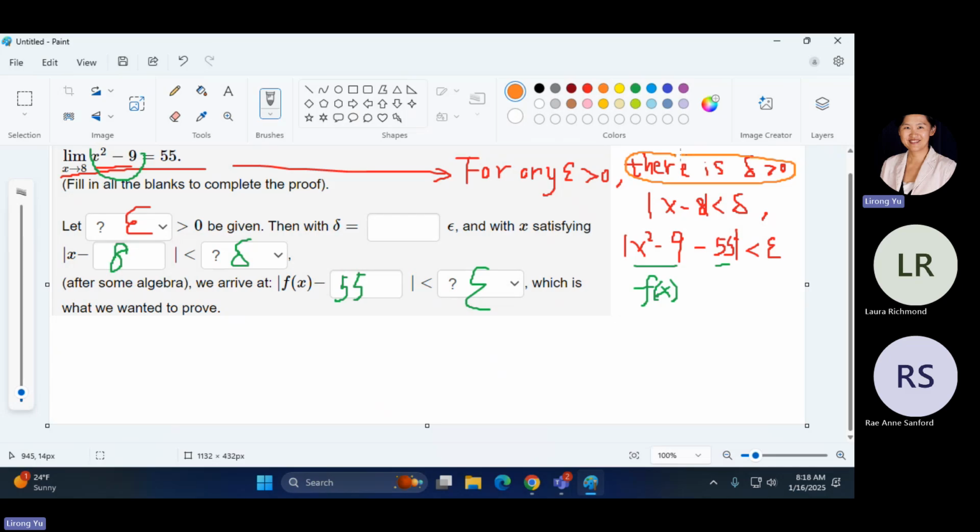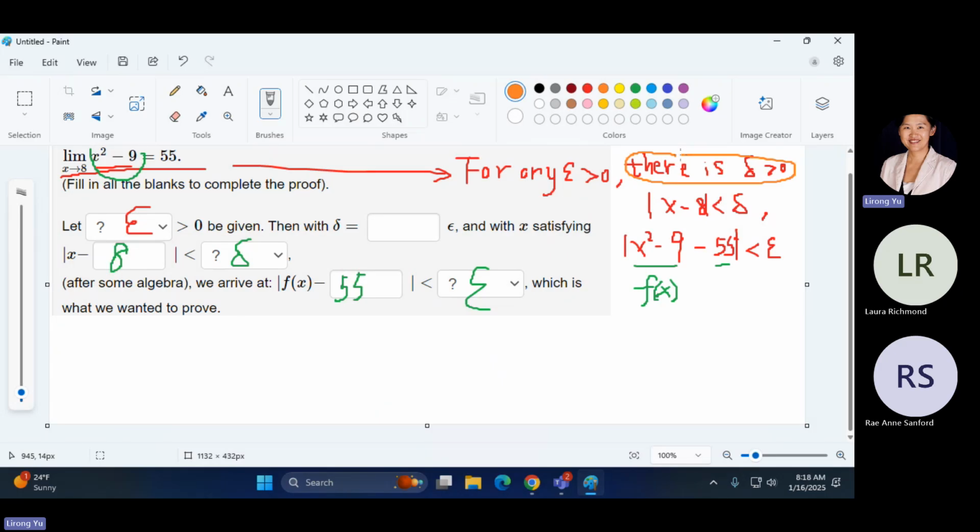If the epsilon is chosen, essentially we follow what we were doing before. You start with here because epsilon is given randomly, and then from here you slowly go back to here. Use this as the clue or the condition. Use this as our equation. We're going to slowly solve for x and then go back to x minus 8 and then add the epsilon value. So that's the basic idea.